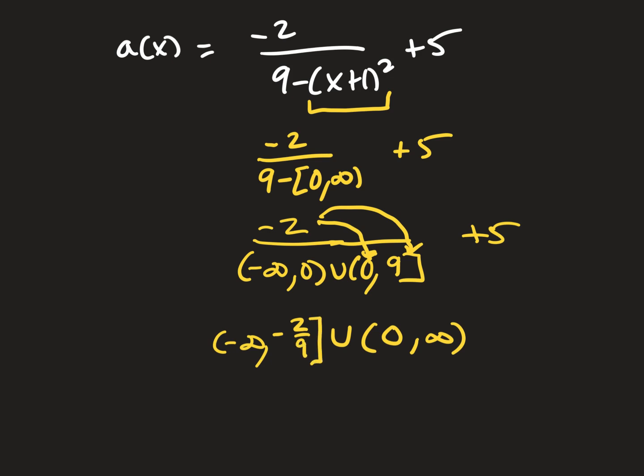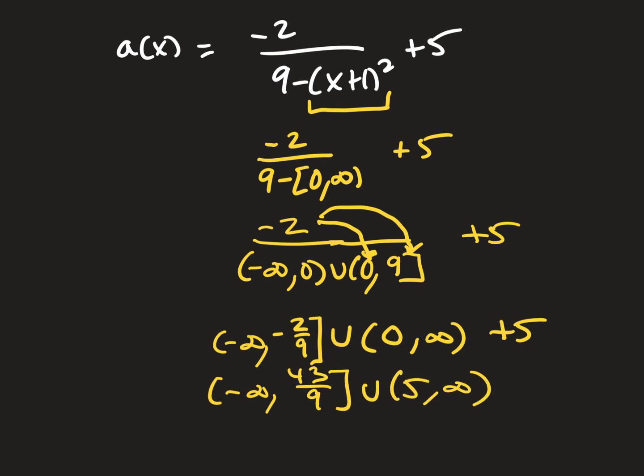Then to each of those pieces you add the plus 5. So that's going to bring us -infinity to 43/9 union 5 exclusive to infinity. Okay, so that is the range of part A.